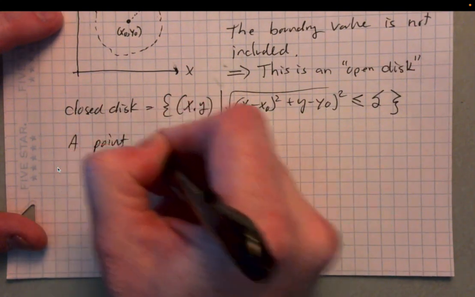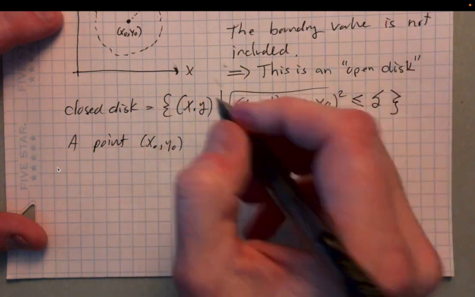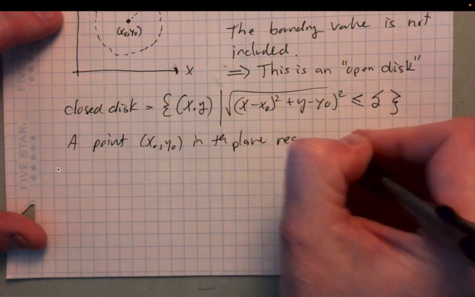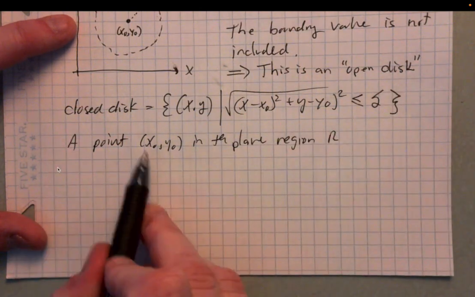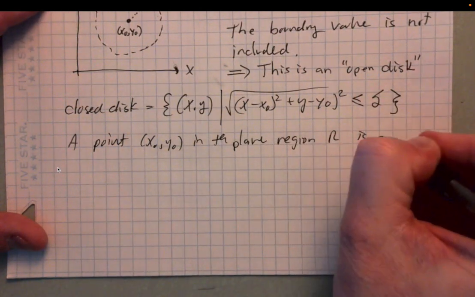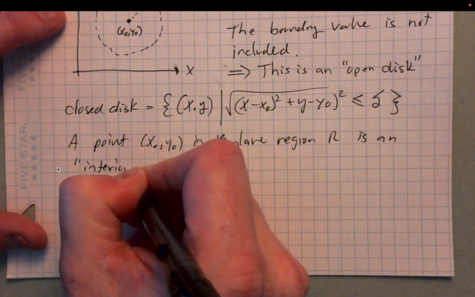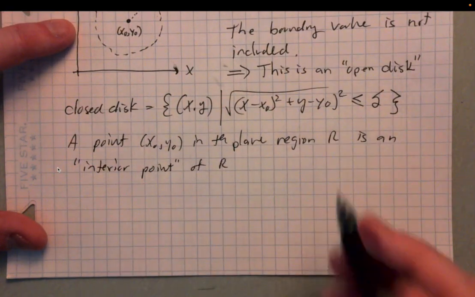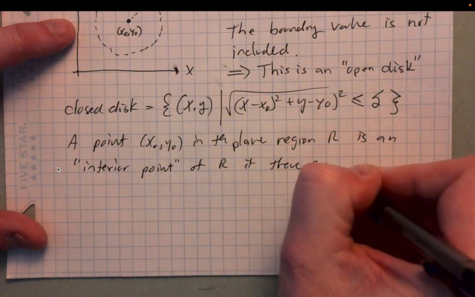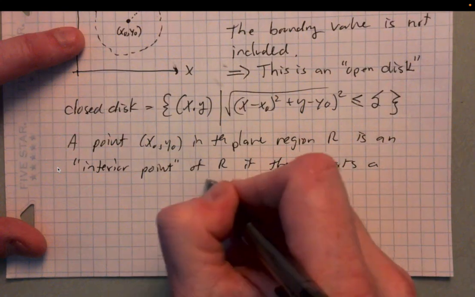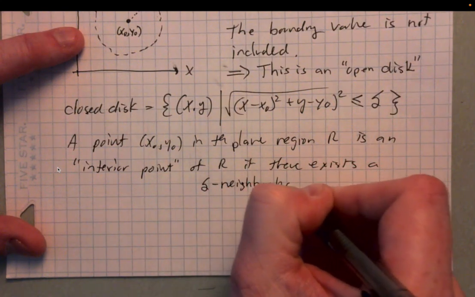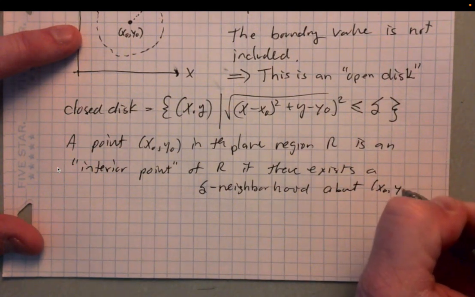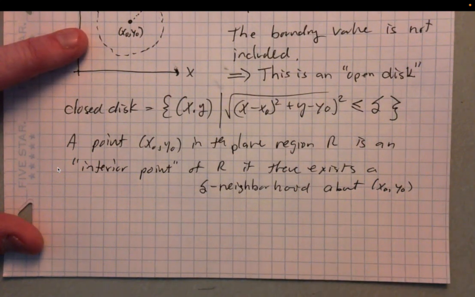We'll say a point x0, y0 in the plane region R is an interior point of R if there exists a delta neighborhood about x0, y0 that lies entirely in R.